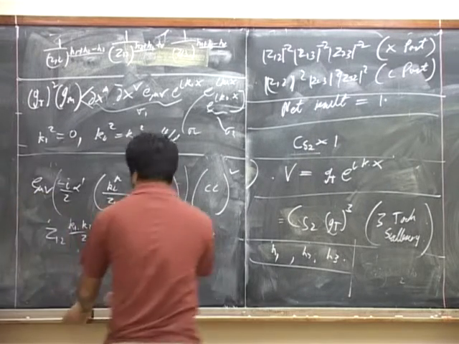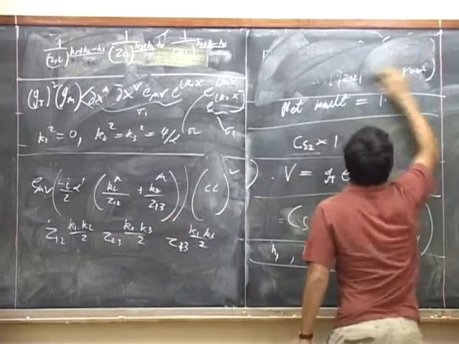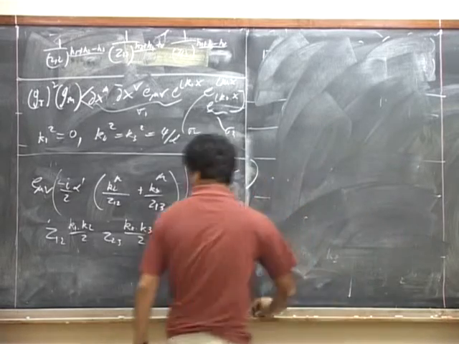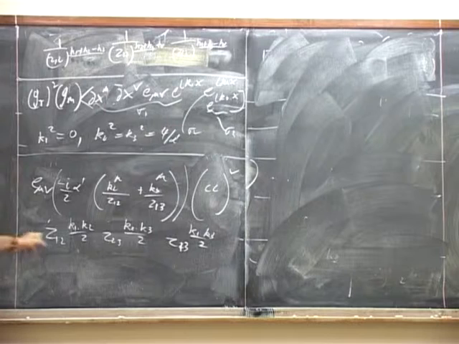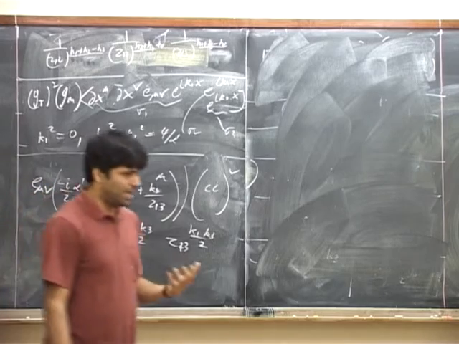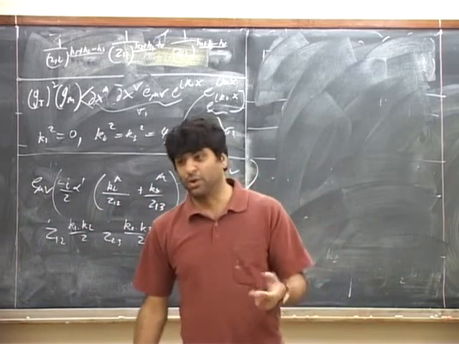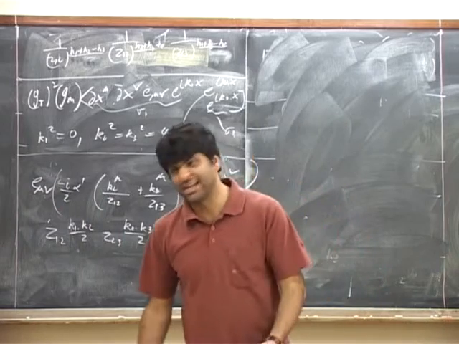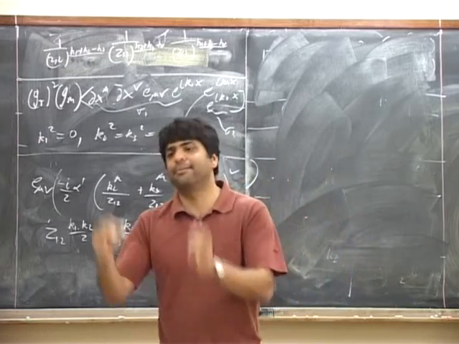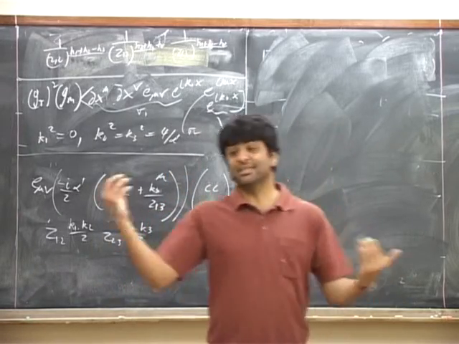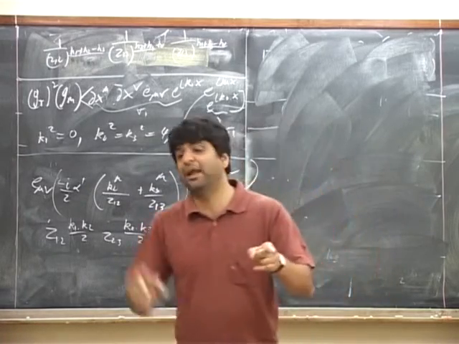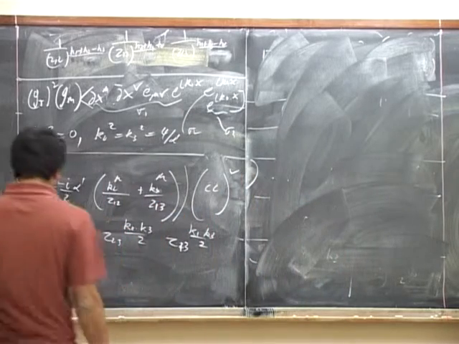Now we have to simplify this. Let's first work out the formulas. k1 dot k2, we use the same formula: k1 plus k2, the whole thing squared, minus k1 squared, minus k2 squared, divided by 2. So that's k3 squared minus k1 squared minus k2 squared, divided by 2. But k1 squared is 0, and the k3 squared part cancels the k2 squared part. So this term is just 0.